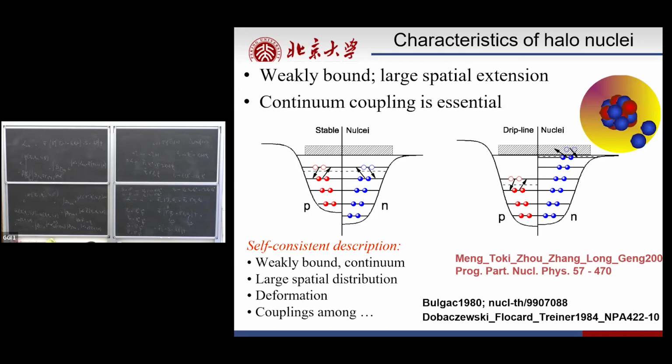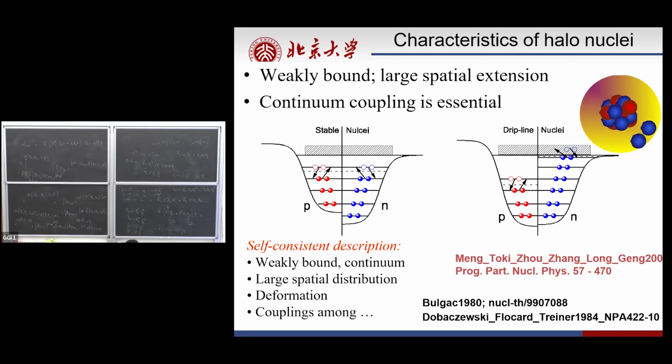And because they are so weakly bound, normally the contribution of the continuum becomes essential. So schematically, this is a stable nucleus, where you have the proton and neutron Fermi surfaces, which are far away from the threshold. Normally, we're talking about 8 MeV per nucleon.